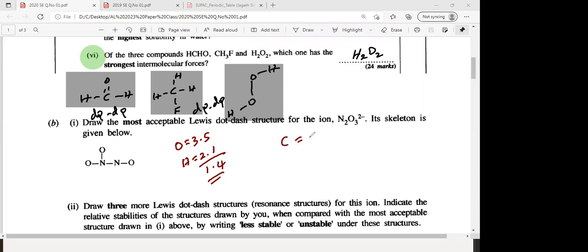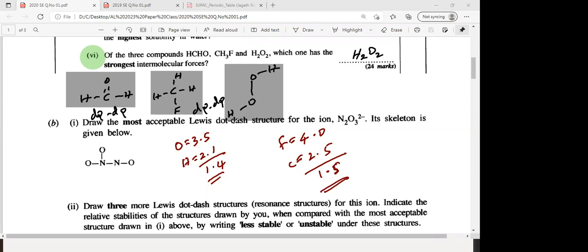If you take carbon in CF4, carbon is 2.5 and fluorine is 4.0. So then you will get 1.5, no? Sometimes you might argue, sir, the CF bond is more polar than the OH bond here.